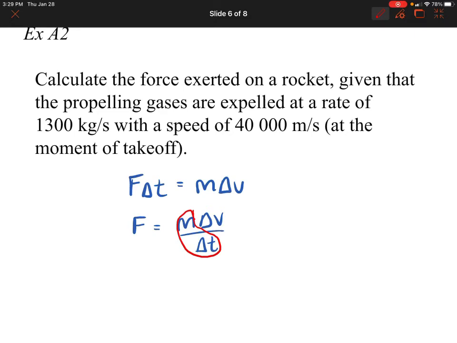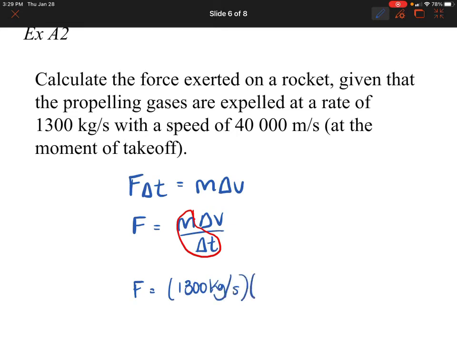I could put 1,300 kilograms over 1 second, or 2,600 kilograms over 2 seconds, and so on. But that's basically giving us our 1,300 kilograms per second. I can multiply that by the change in velocity, which of course is going from 0 to 40,000 meters per second.